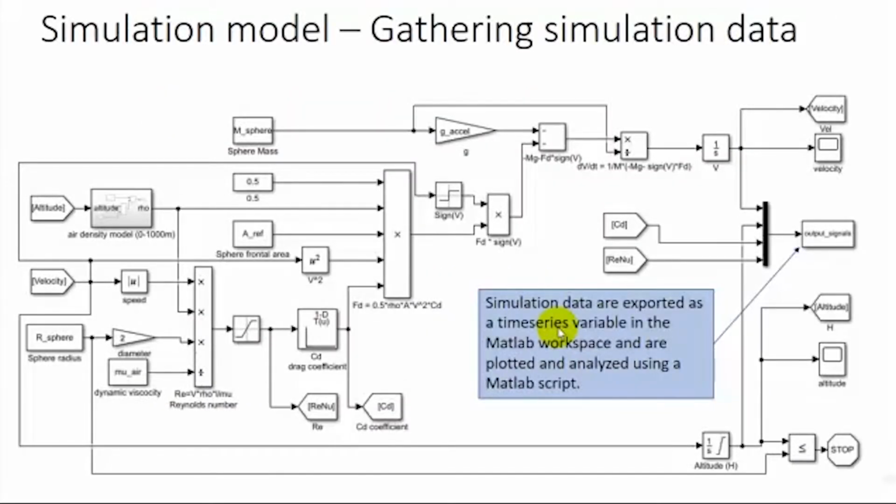As mentioned in part 2, the simulation model was constructed using Simulink, which is a toolbox of MATLAB, and it's presented here in this slide.